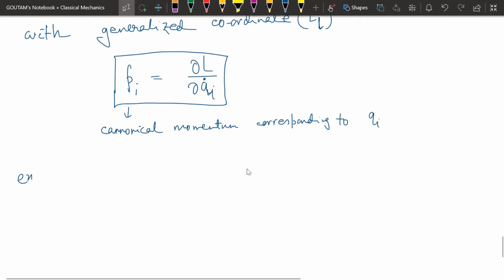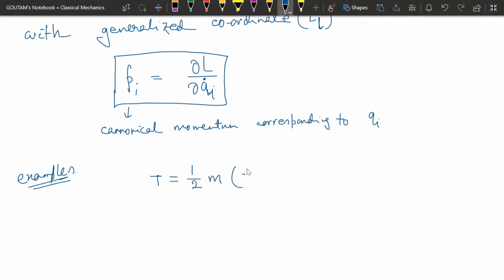Examples. Let's say our kinetic energy is half m (x dot square plus y dot square plus z dot square), and our potential energy is a function of x, y, and z.